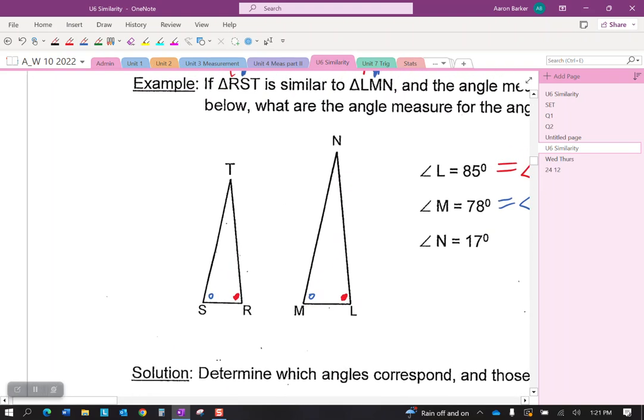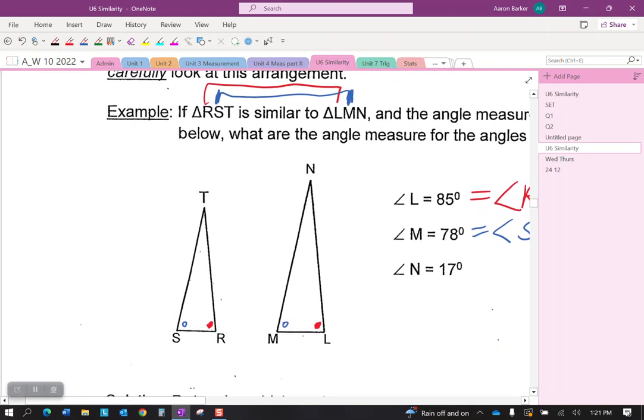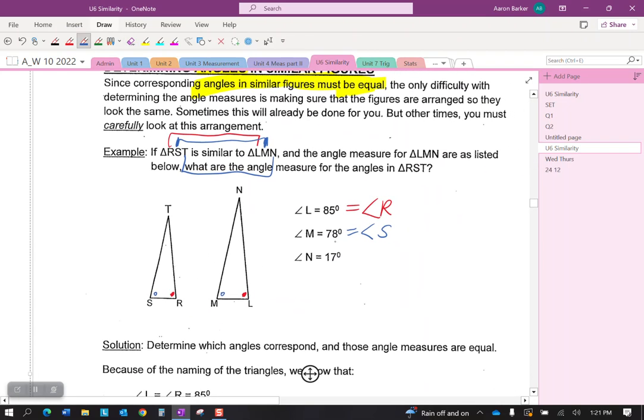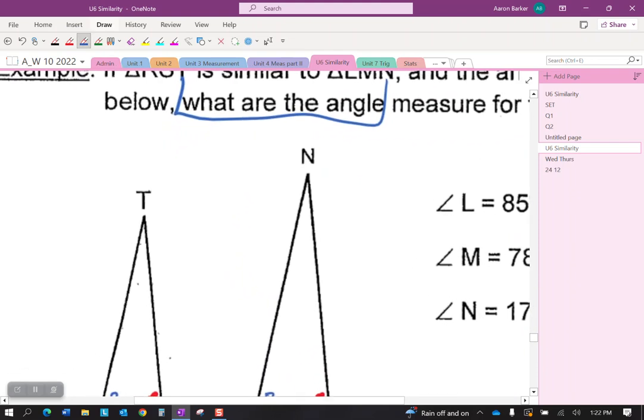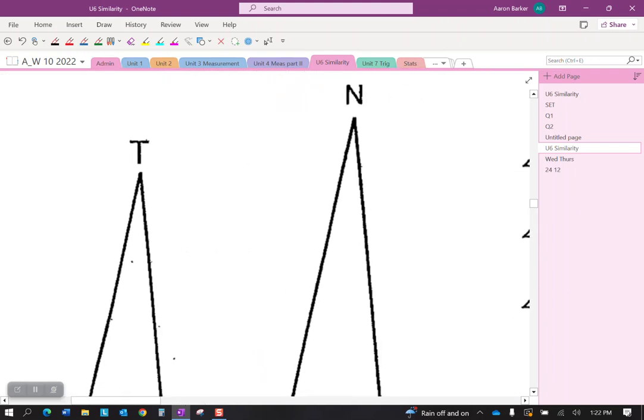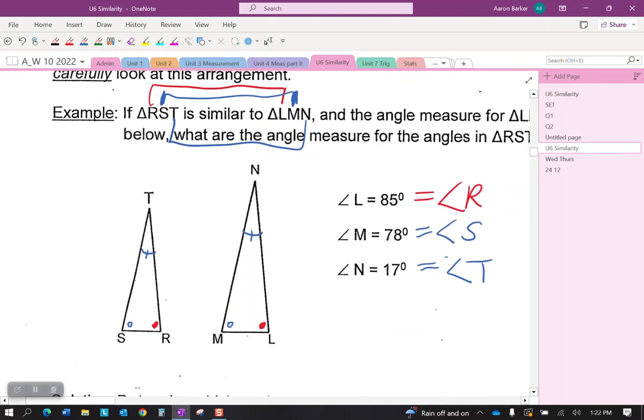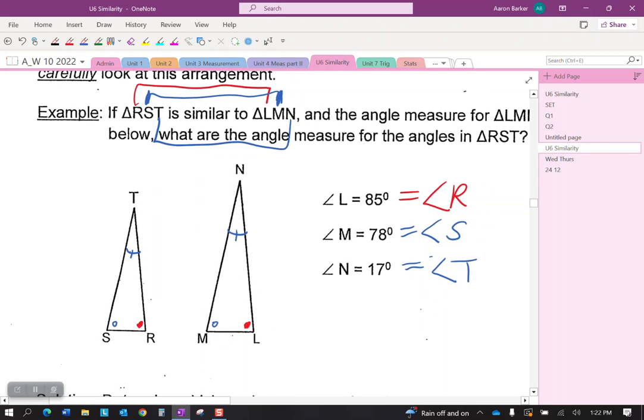Now, looking at the names again, what about the last letters? Angle N equals 17. It's in the very last part of the name, so the angle that's equal to it has to be angle T. So angle N equals 17 degrees, and also equals angle T. For those we could use a little half circle with a line, and we'd use the exact same symbol for angle N. That shows that they are equal.